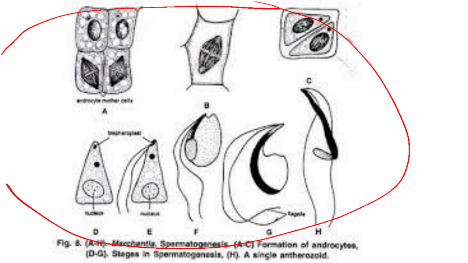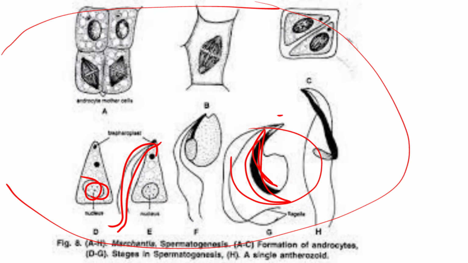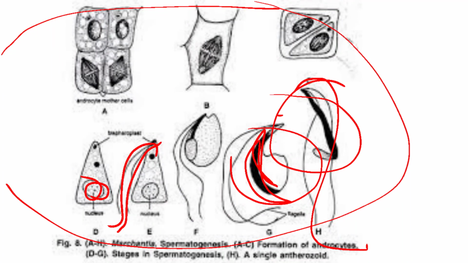They divide and form the blepharoplast, the highly granulated structures, and this blepharoplast develops the flagella, and the nucleus also elongates. As the nucleus elongates, the cell changes in structure, and the flagella also develop, and now they tend to move. This is how the sperms are developed.